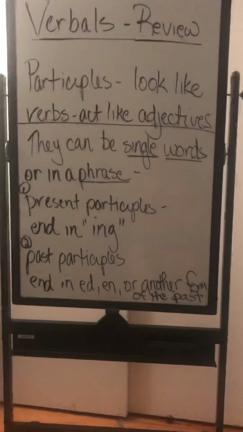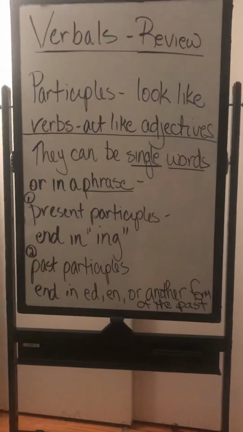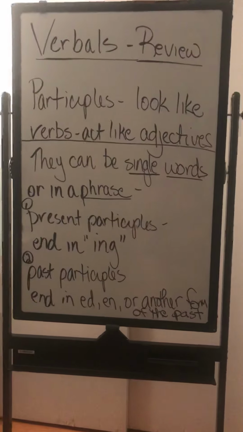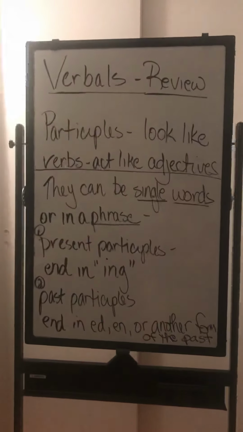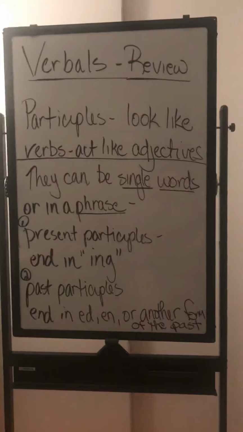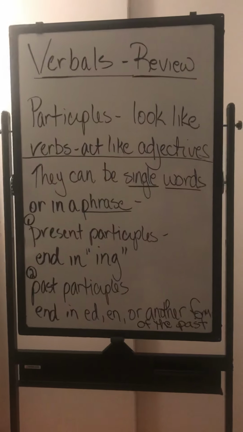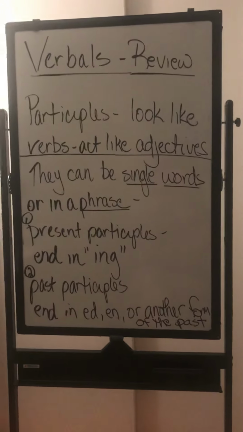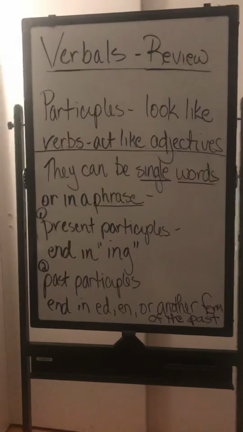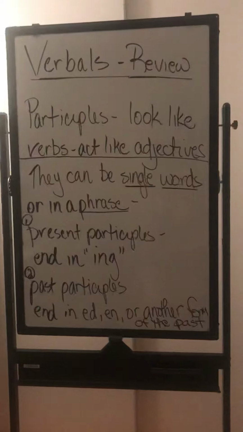So if you had a simple word like running or singing or crying, any of those kinds of words, at first glance you would think, oh, well, that's a verb, but it can easily be used as an adjective. So if we say crying baby or running water, then we're using those words that end in ing to describe a noun.